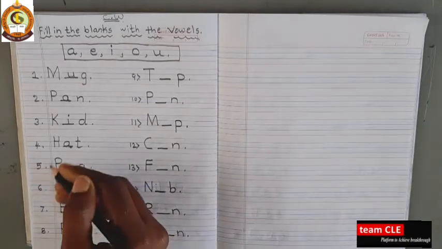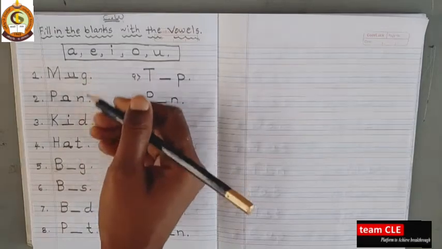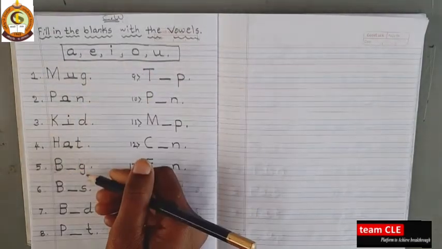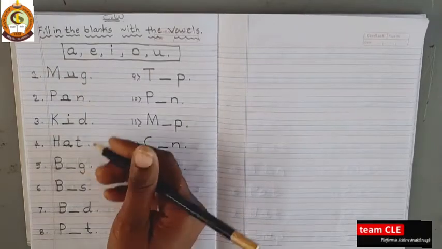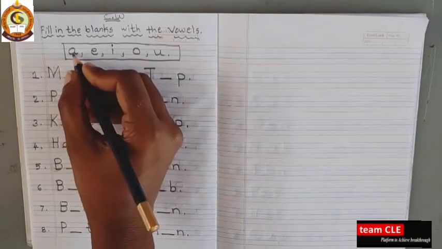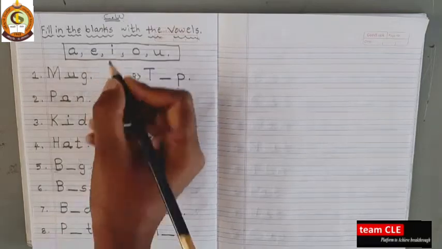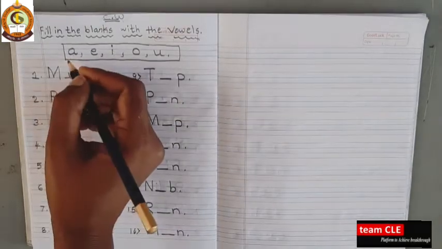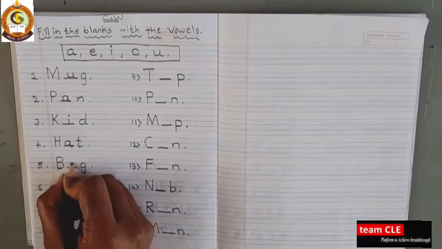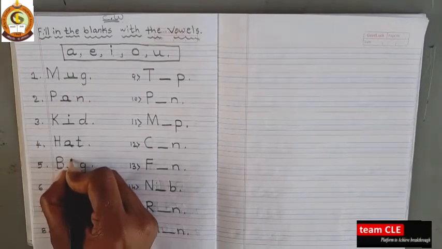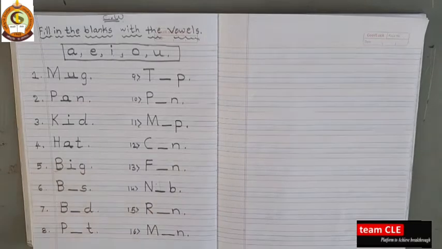I will use here A or I, you can use either vowel. So I will use the vowel I here: B-I-G, big.